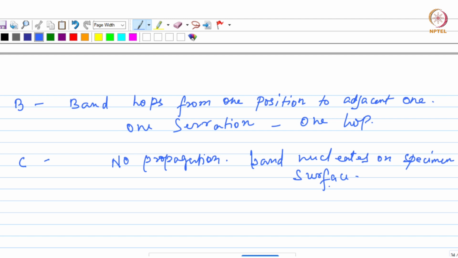Right, so the type of the serrations will depend on the behavior of the band, okay, as to how it will move through the sample.